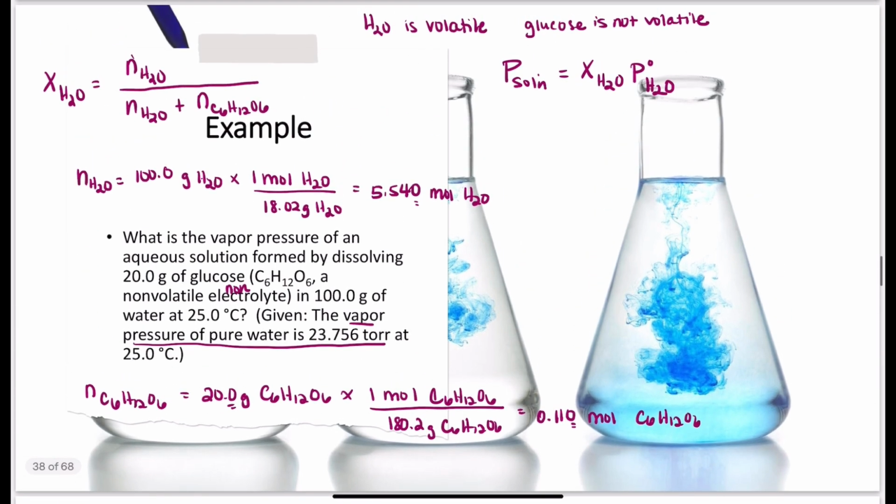Okay? So now I can plug those into my actual mole fraction up here. I know that I have 5.540 moles of water divided by 5.540 moles of water plus 0.110 moles of glucose.